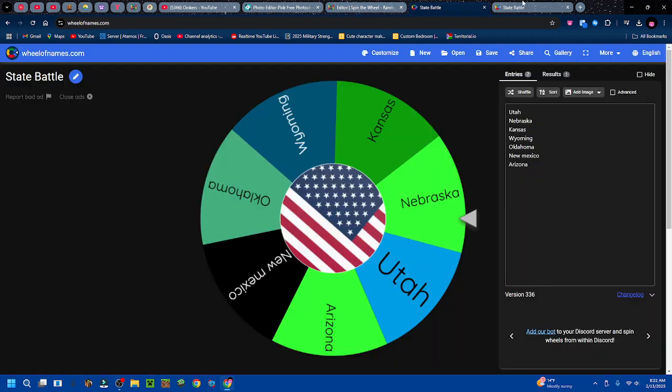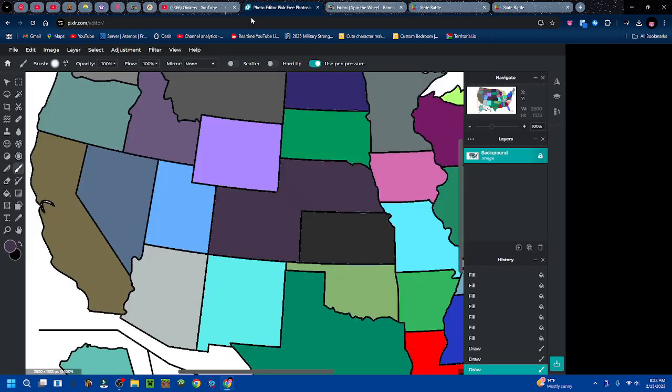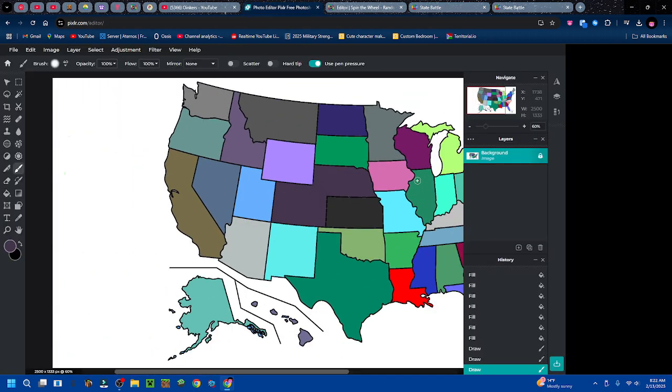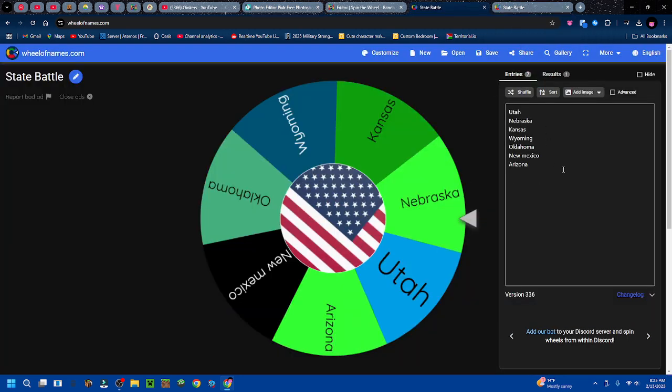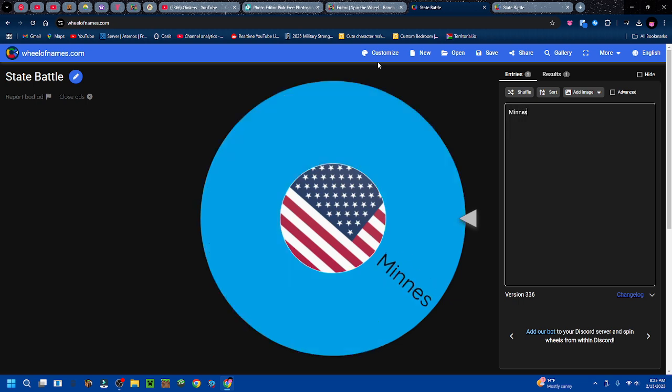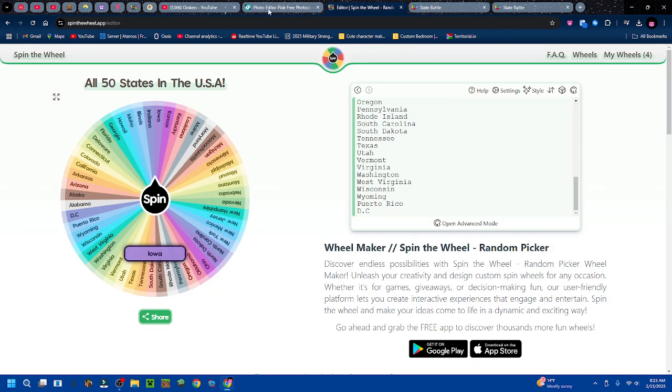Iowa. What do they border? Iowa borders Illinois. They border Missouri, Kansas, Colorado, technically, because they took over Nebraska. Let's write these down. These states have way too many bordering states. So, Minnesota. There we go.